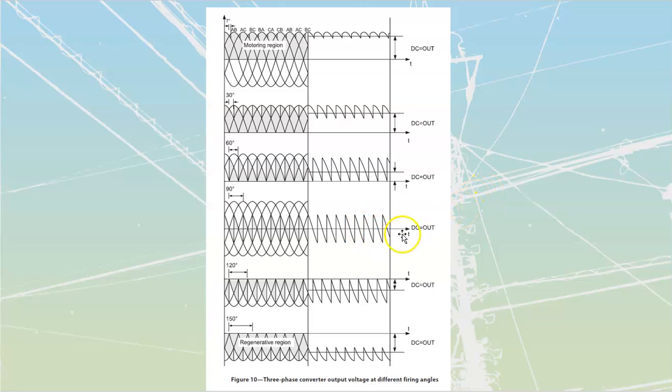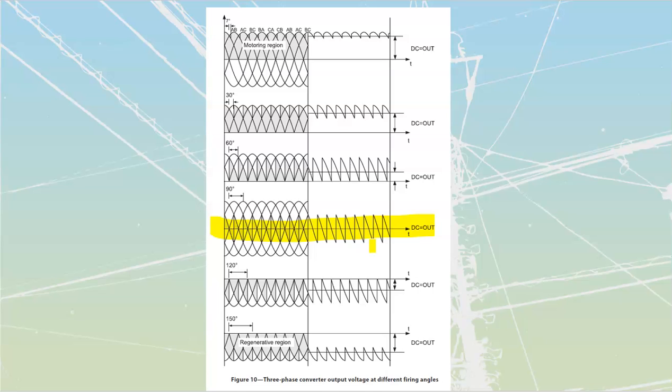And we can get to this point right over here, and this is a critical point on the graph, where I'm going to be at a 90-degree delay angle. When I get to a 90-degree delay angle, I'm only going to be passing through a little blip on the top, but I'm going to be passing through an equal-sized blip on the bottom. At that point, my average amount of DC is going to be a positive and a negative that are equal in value.